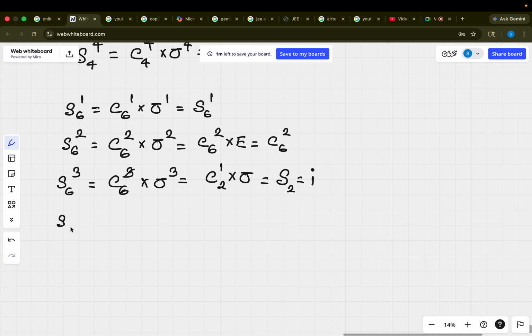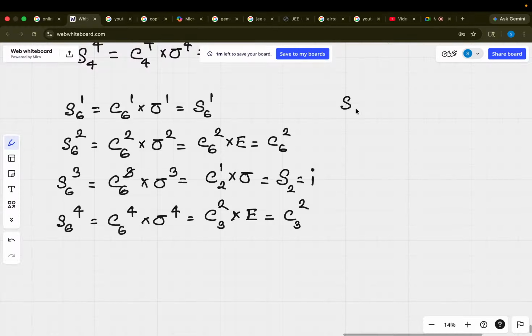Now suppose you have S6 to the power 4, so that will be equal to what? C6^4 into sigma to the power 4. So C6^4, if you cancel out, what am I getting? This will be 2, this will be 3, and sigma to the power 4 means identical, so that is equal to what? C3 squared. Now suppose you have S6^5, so that means what? That will be C6^5 into sigma to the power 5.